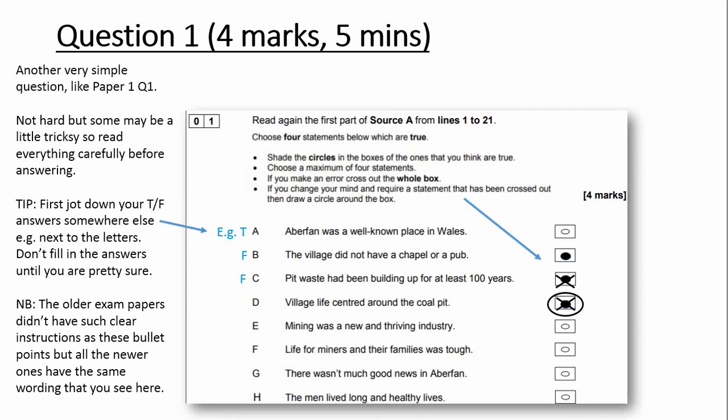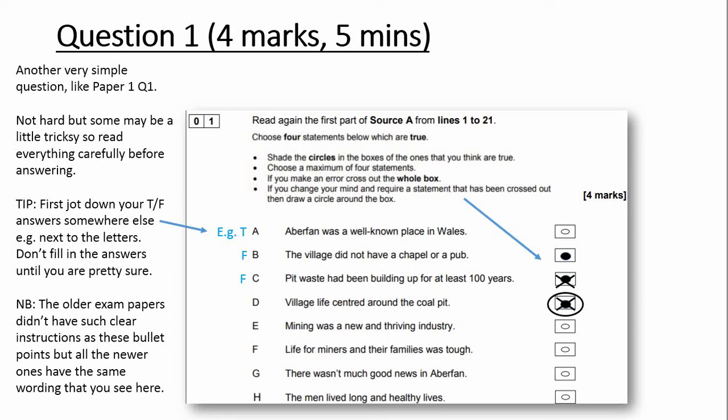Now, the wording in the text might say something like Aberfan was not a well-known place in Wales. If you looked at that quickly, you might think that they were the same sentence, but actually, of course, that one word not would completely change the meaning of it. So this is what I mean when I say that it might be a little bit tricksy. It's important just to be careful.